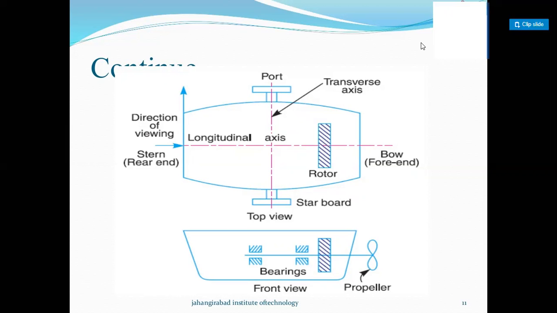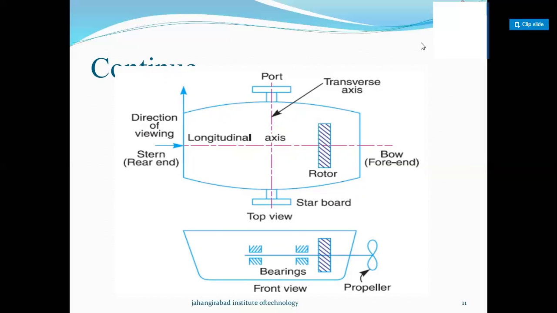Here the stern is the rear end, the bow is the fore end, and the port to starboard axis is known as the transverse axis.